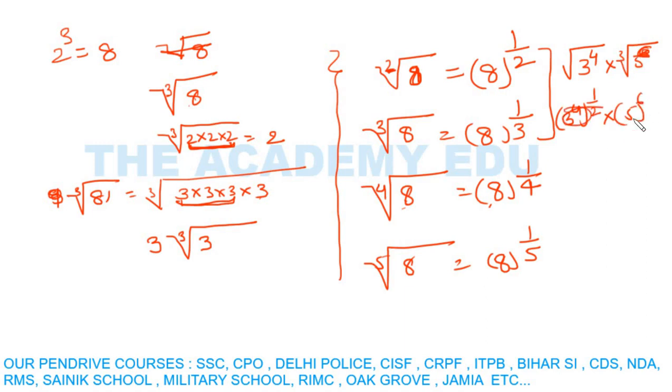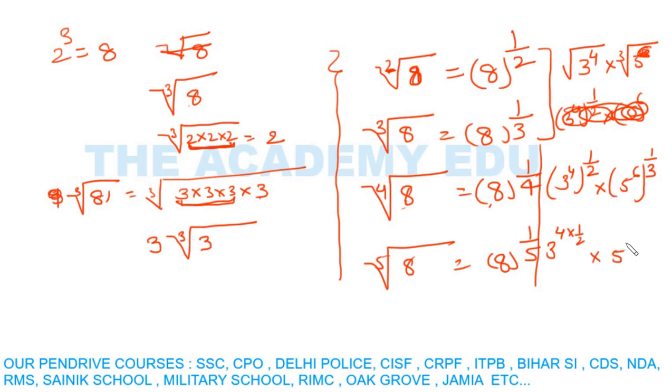Okay, there is no space. 3 can be written like 3 power 4 power, remove this root and put 1 by 2 here, into 5 power 6, take a bracket, remove the cube root and you will get 1 by 3 here. Now, what is the meaning of this? This means 4 multiply 1 by 2, into 5 raised to the power 6 multiply 1 by 3.